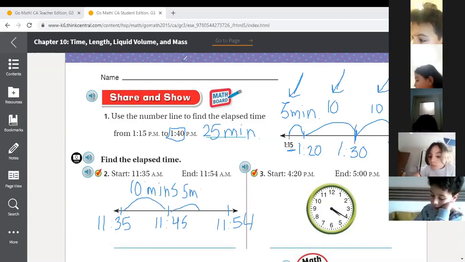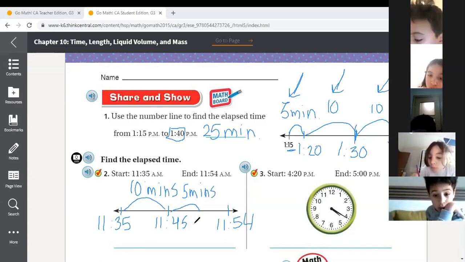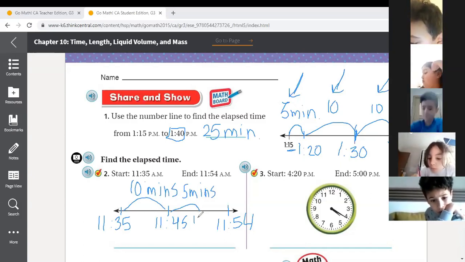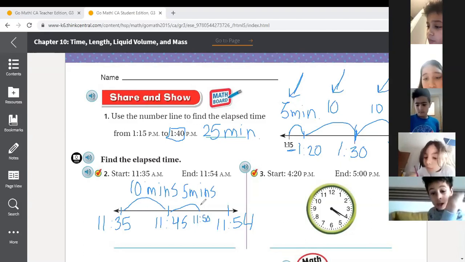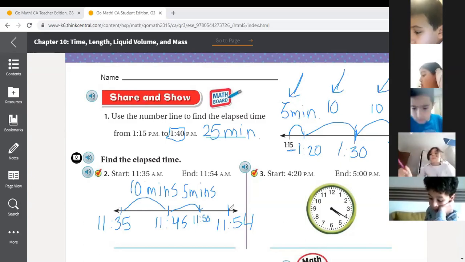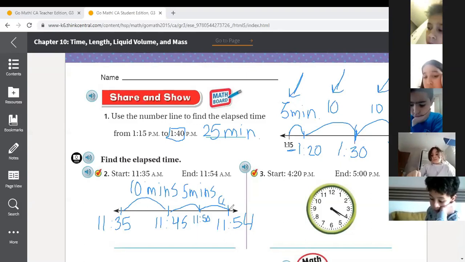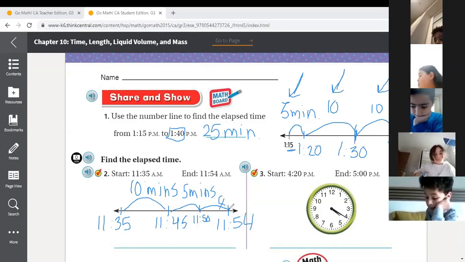It will be 11:50. So we're going to add another 4. If it's easier for you, keep it 9, but not everyone will be able to see that it's 9. So sometimes it's better to divide it. You did a good job, though.